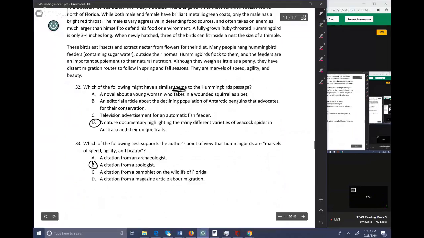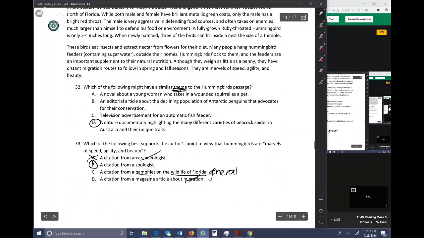33 is B. So a couple of these were obvious, like a citation from an archaeologist. You would have to have a hummingbird that had been dead and buried for many, many thousands of years for an archaeologist to be involved. Migration would not be relevant. And then a citation from a pamphlet on the wildlife of Florida would be too general.